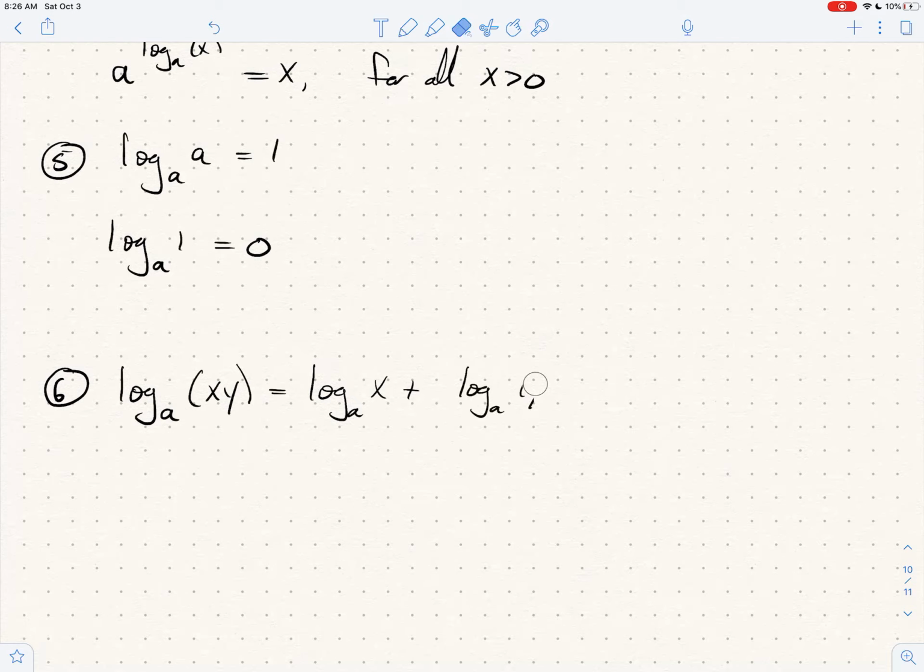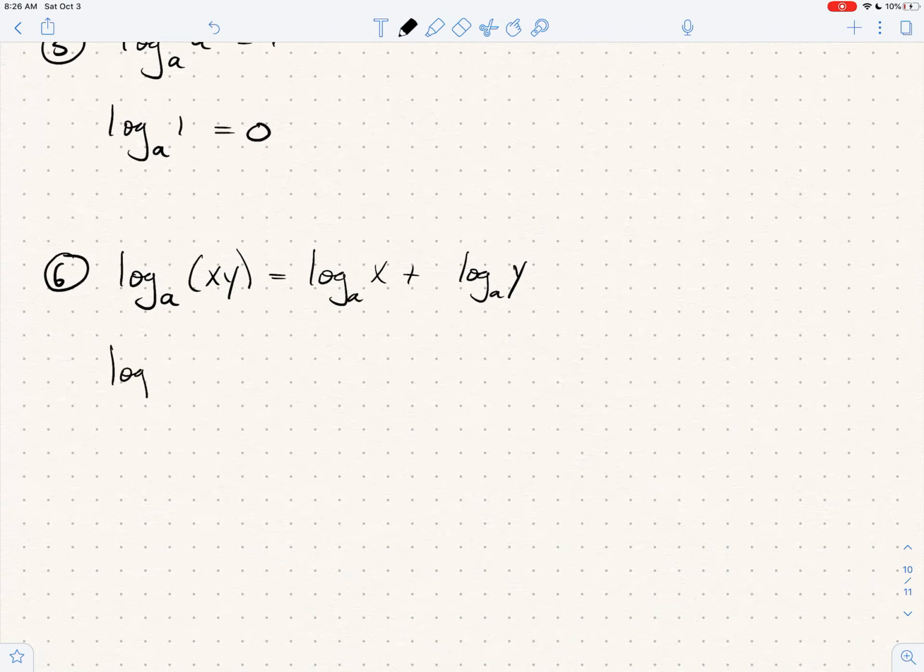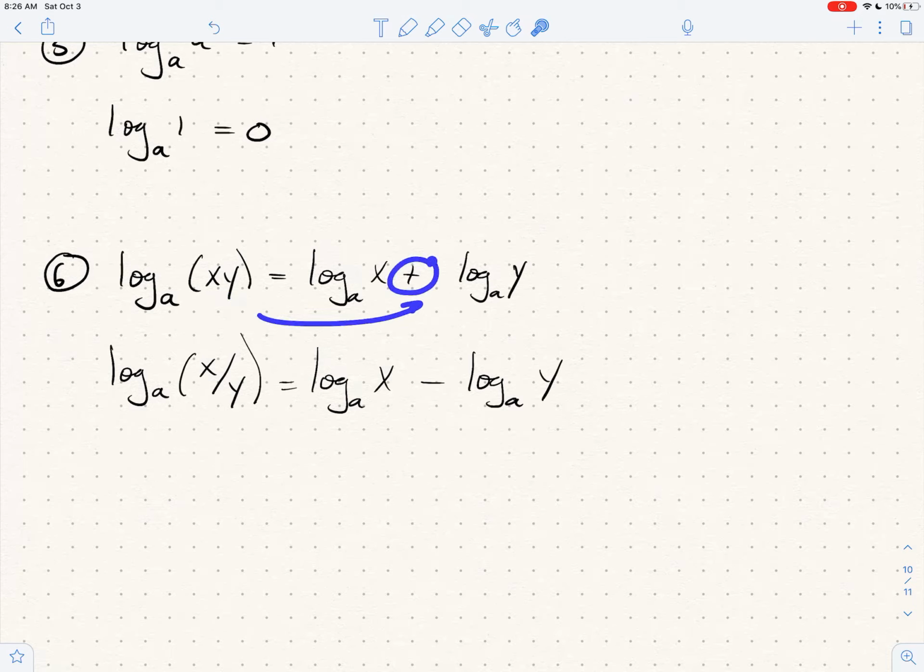And log base a of x over y becomes log base a of x minus log base a of y.